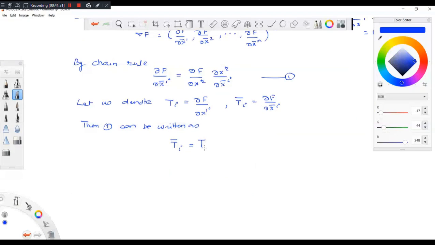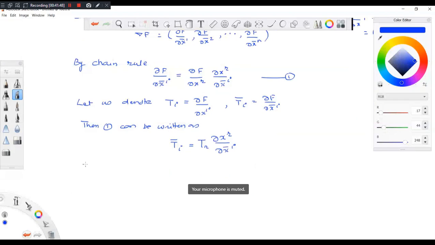So I have Tr into del xr by del x bar i. Okay, so you look at this definition and the definition of the covariant kind of thing.